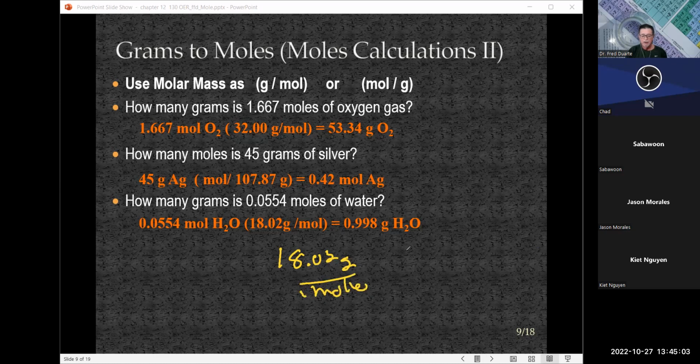If you weigh out 18.02 grams of water, you have 1 mole. You have 6.02 times 10 to the 23rd molecules of H2O, which is a big, big, big number. That's just 18 grams.